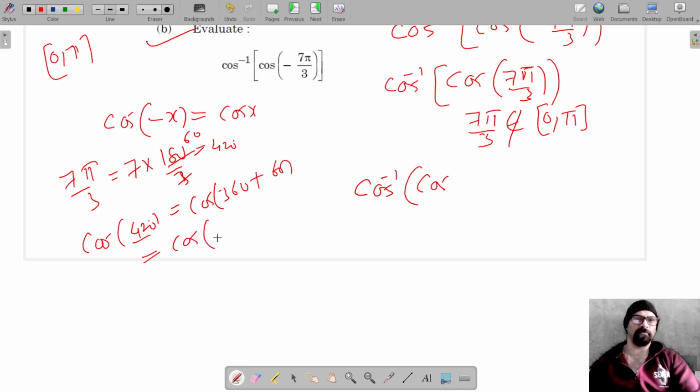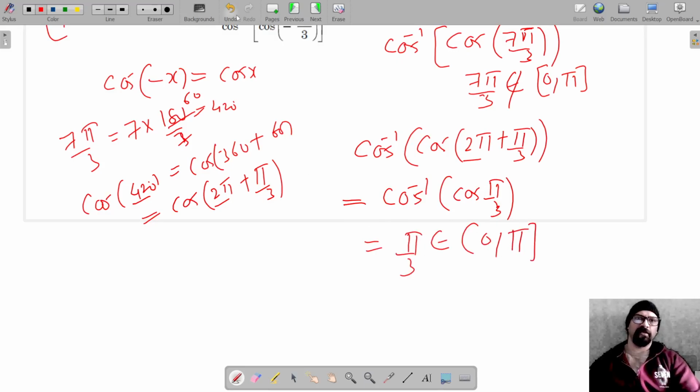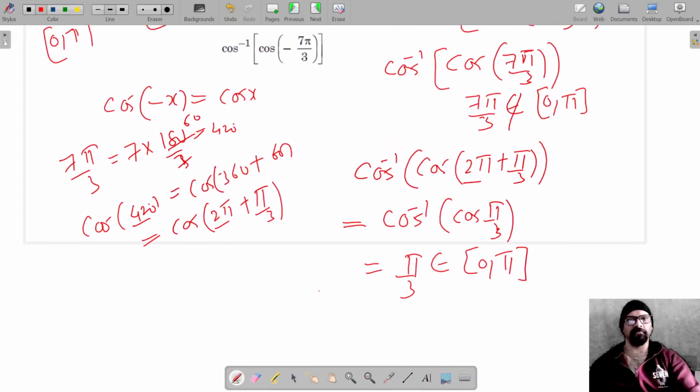That means this can be written as cos of 2 pi plus pi by 3 radians, and 2 pi means no change, which takes this into the first quadrant where cos is positive. So cos inverse of cos of 2 pi plus pi by 3, cos remains cos, giving cos inverse of cos pi by 3, which is pi by 3, and this belongs to the domain 0 to pi, which is the range of cos inverse. Our answer is pi by 3.